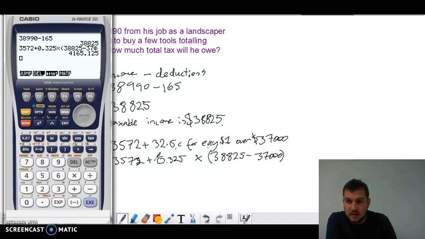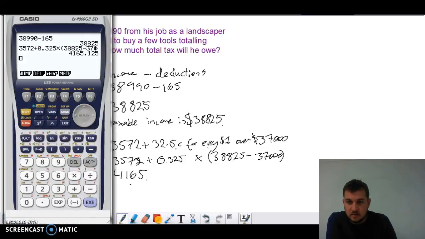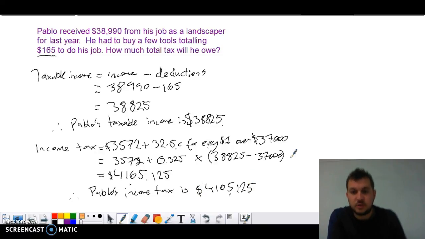Enter, and that comes out as $4,165 and 12.5 cents. Therefore, Pablo's income tax is 4,165.125.